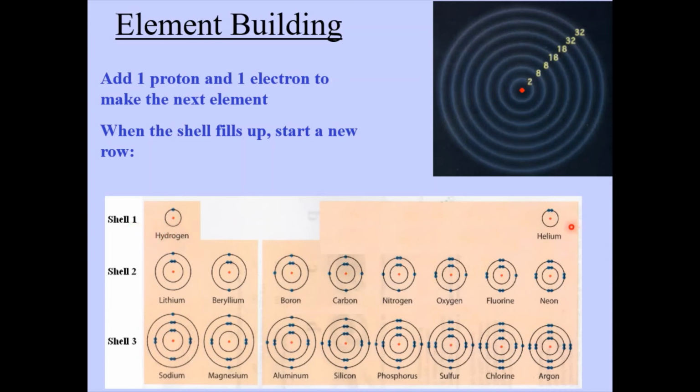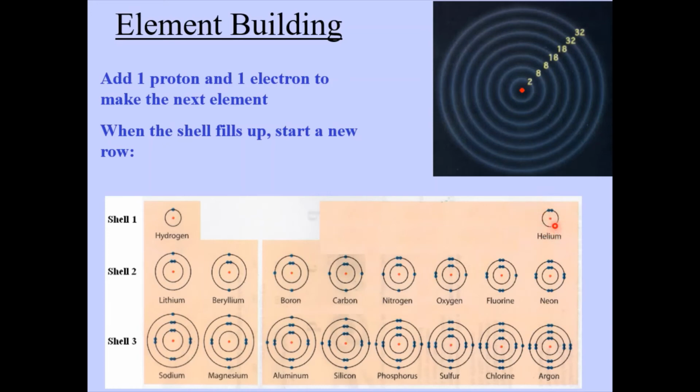Now helium has 2 protons, therefore 2 electrons. But both of those electrons can fit in this first shell because there are 2 seats, 2 available spots, or energy states, they're called, for those electrons. So helium can be drawn like this.